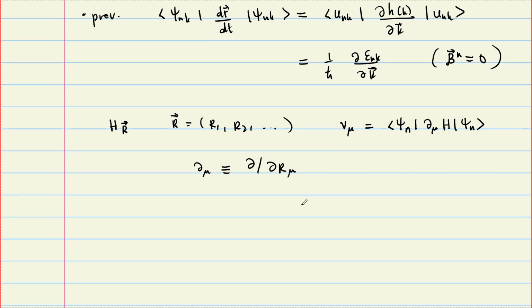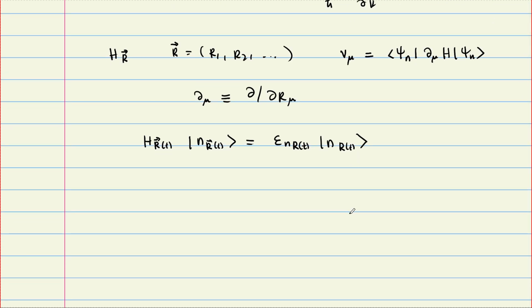So what we said, this adiabatically changing Hamiltonian has instantaneous eigenstates. So we wrote it like this: H of R(t) acting on |n(R(t))> was equal to E_n of R(t) times |n(R(t))>. And we said that as you evolve in R parameter space, this state psi_n of t is going to evolve into this state up to a phase, right?